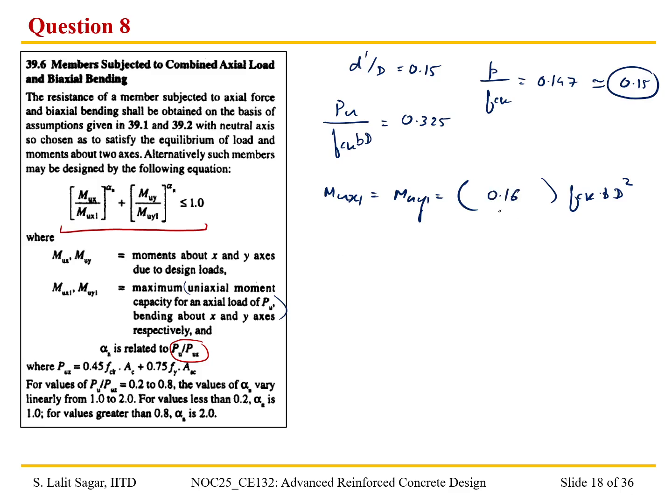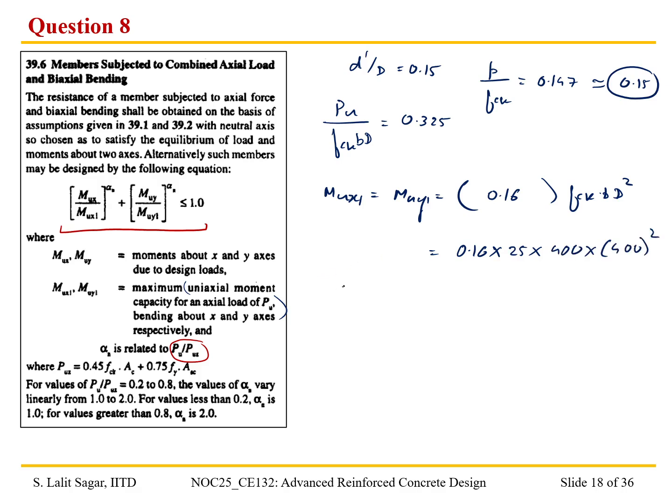What happens if we consider this value? I just want to reiterate once again that I am taking it as a conservative value. So we'll find out the value, that is 0.16 multiplied by fck, which is 25, by 400 into 400 square.